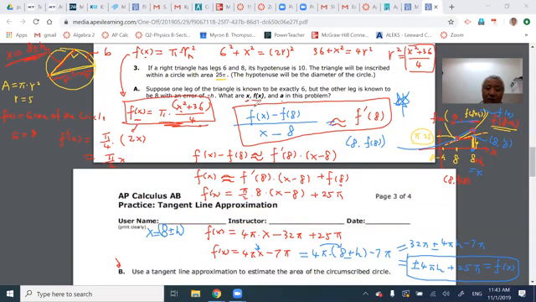Now, since you have these two points, we can find the slope: y2 minus y1 over x2 minus x1. But right now, the linear approximation means you have to use the slope of the tangent line at this point to substitute for the slope of the secant line. That's the only approximation. And that is based on the definition of derivative, the concept of derivative with the function, that's the slope of the tangent line at that point.